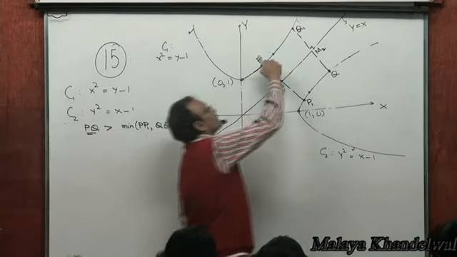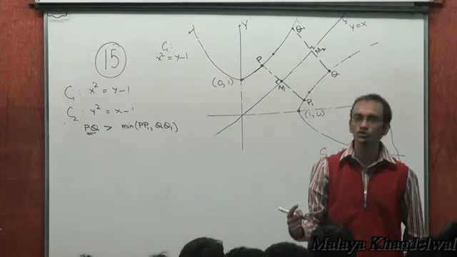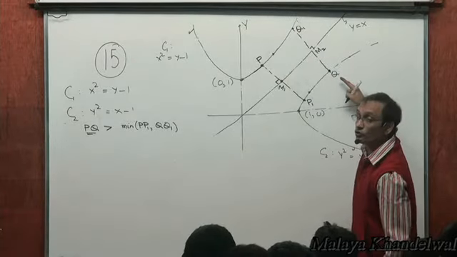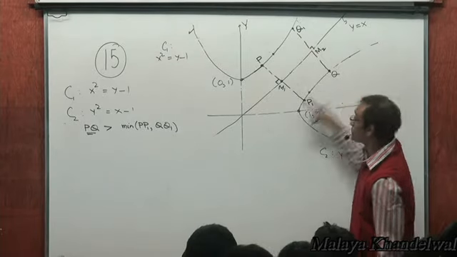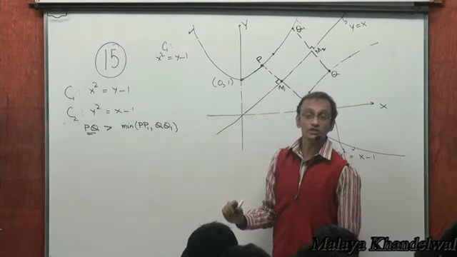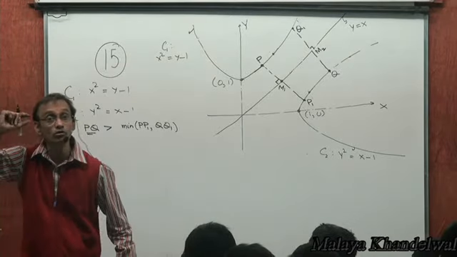PQ, the length of the line joining a point P on C1 and a point Q on C2, must be larger than the smaller of PP1 and QQ1, where PP1 and QQ1 are perpendicular to the line y equal to x.